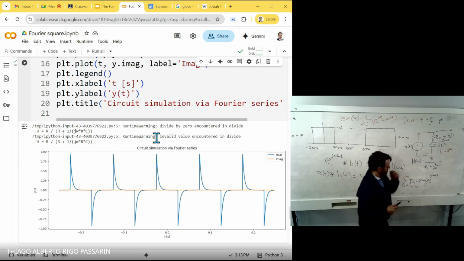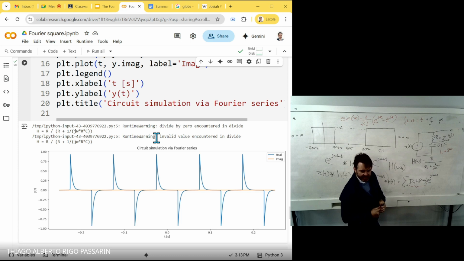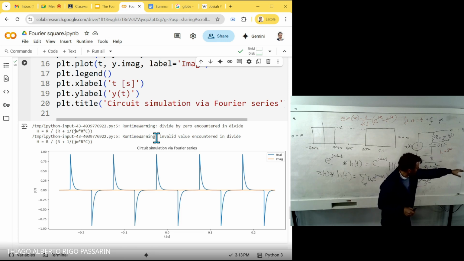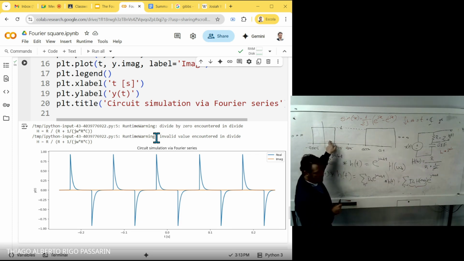This is a low pass or high pass filter. What I'm seeing are high frequencies or low frequencies. This signal changes faster than this one or not?